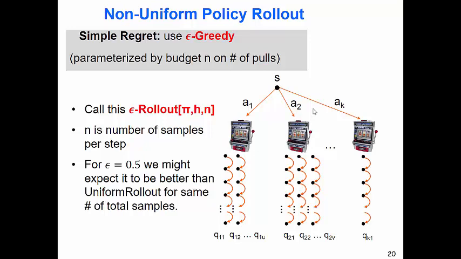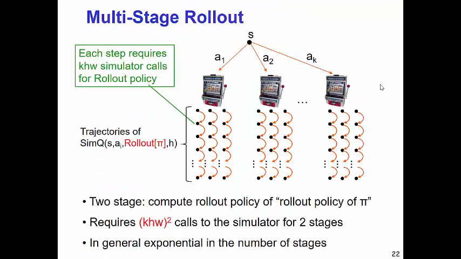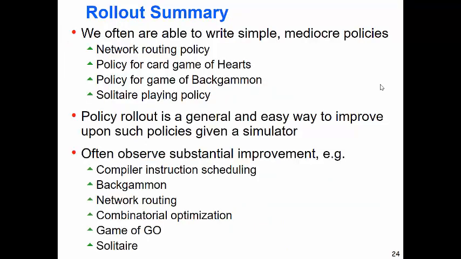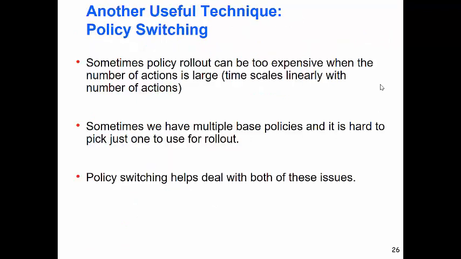Like you think of it as there are many buttons that you can press, and the different combinations of buttons constitute an action. It can arise in other ways as well. And so this could be pretty expensive. It scales in terms of the number of actions, and so you might want some way around that. And both of those issues are something that policy switching can help you deal with.